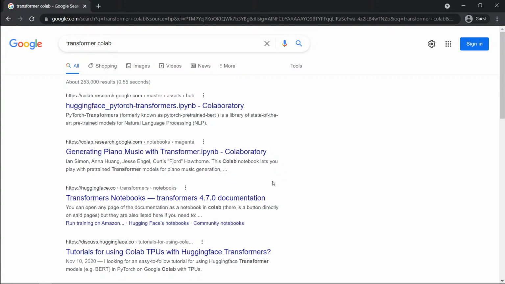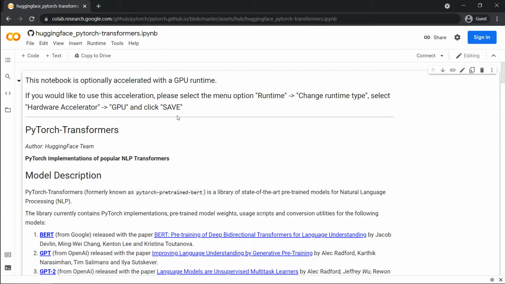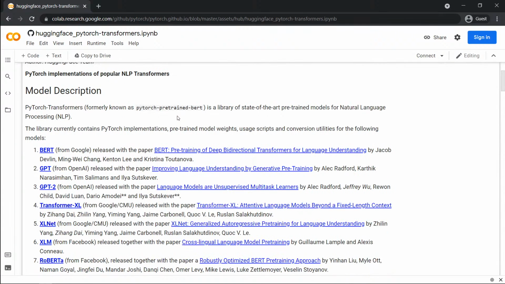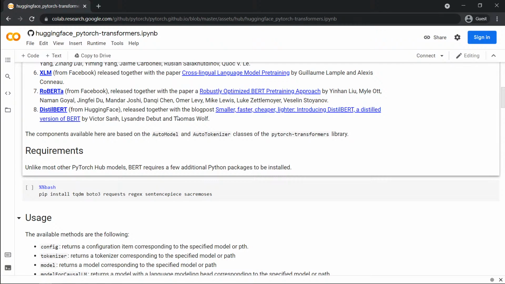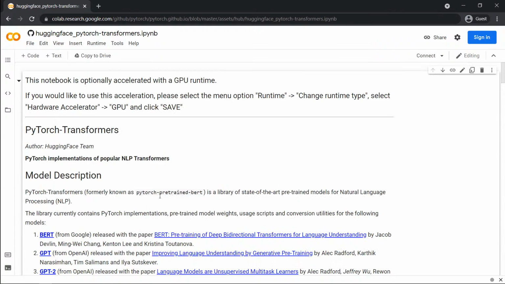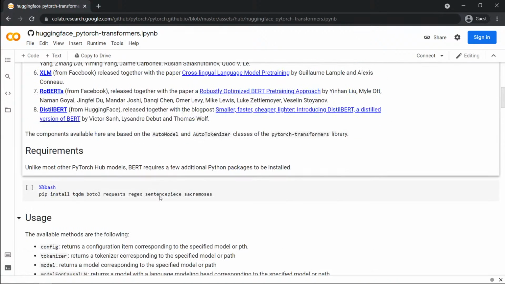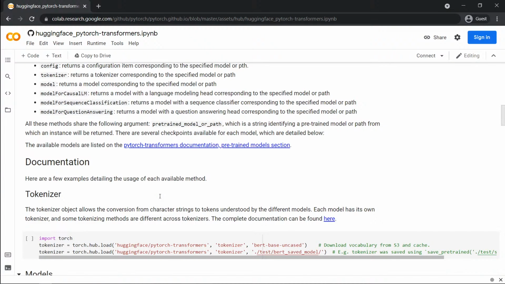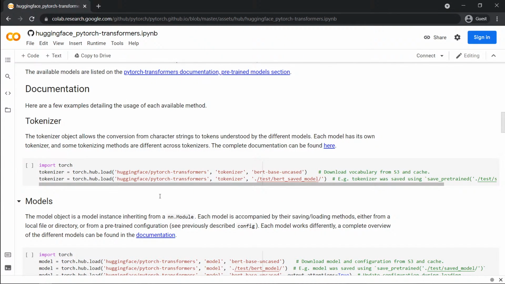Okay, Hugging Face. I've heard about these. I guess Hugging Face is the main kind of thing.